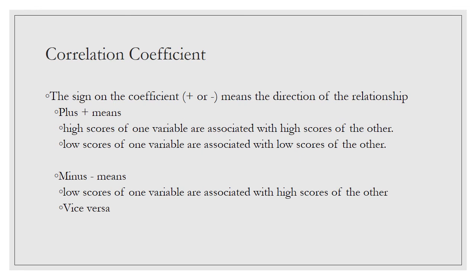With a negative relationship, the minus sign, a low score on one variable is associated with a high score on the other variable. So if we had low math scores, we would expect, if there's a negative relationship, to see high science scores, and vice versa.